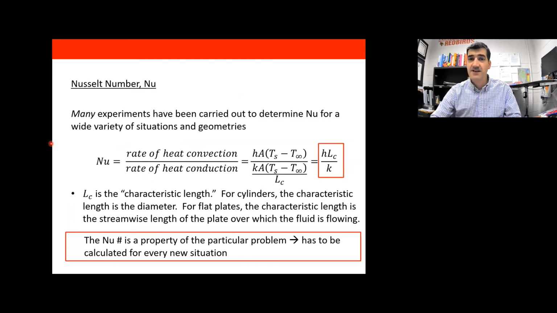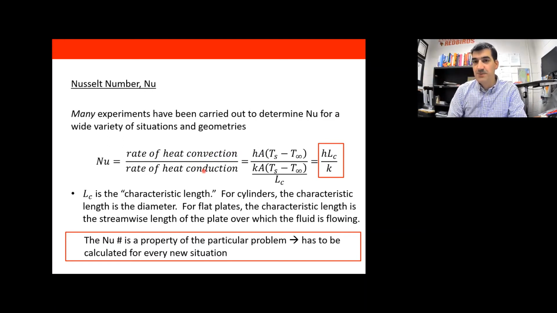The next non-dimensional number that we're going to use in convection problems is called the Nusselt number, abbreviated Nu. The Nusselt number is a ratio of things, in the same way that the Prandtl number was a ratio of things and the Reynolds number was a ratio of things. The Nusselt number is the rate of heat convection through this fluid compared to the rate of heat conduction through this fluid.